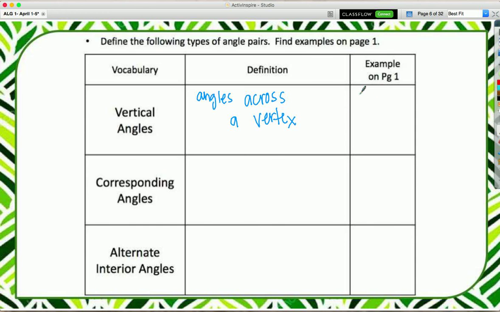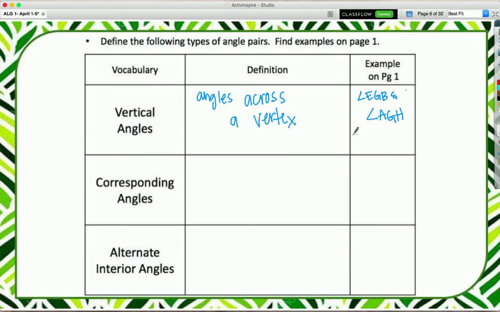So if I say angle EGB, based upon the angle I just picked, one person raise their hand and let me know which would be vertical from that. Anybody have an idea? AGH, angle AGH, is vertical.